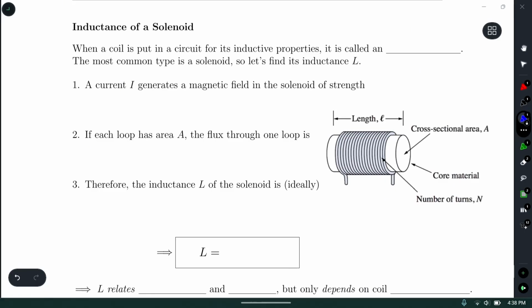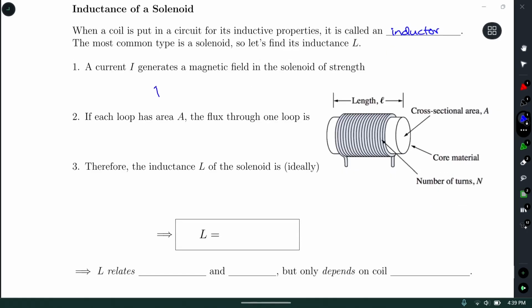So inductance is similar to capacitance and resistance in that it just depends on the geometric properties of the inductor. We're going to find an expression for that inductance for a typical solenoid, a typical long coil of wire. We know for a solenoid that the magnetic field strength is given by this, where N is the number of loops, or number of turns, over the length of the solenoid.